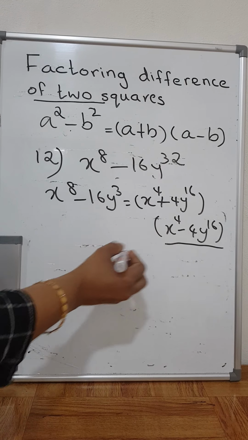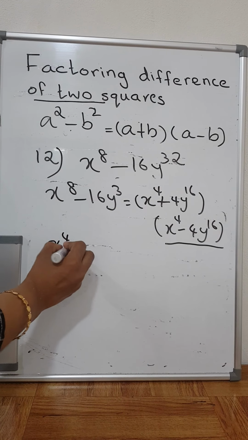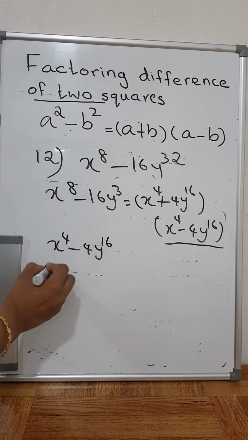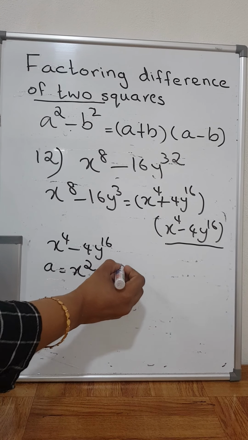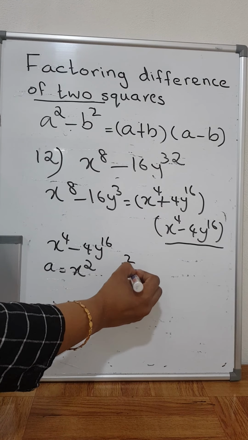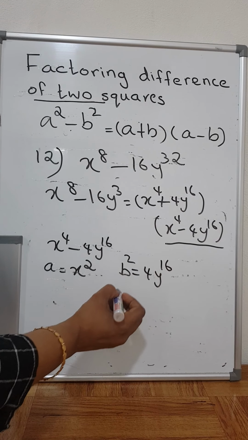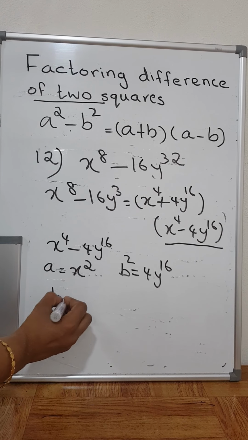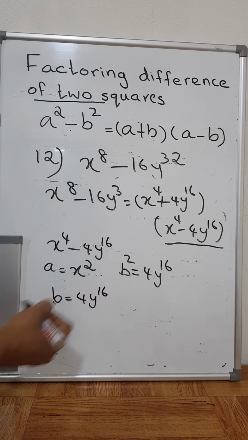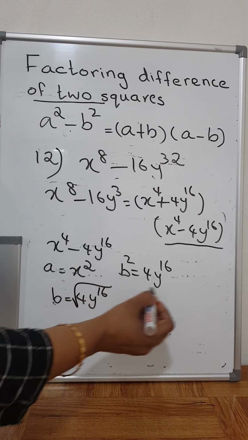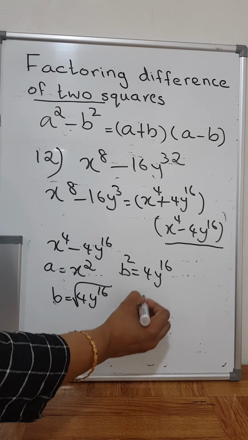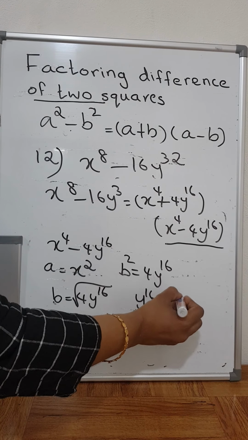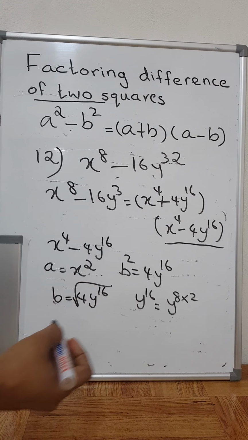So here you see, for this part, x to the power 4 minus 4y to the power 16, a square is x to the power 4, so a is equal to x square. b square is 4y to the power 16. So b is the square root of 4y to the power 16. Square root of 4 is 2, you know. y to the power 16, we can write as y to the power 8 times 2, since 16 is 8 times 2.